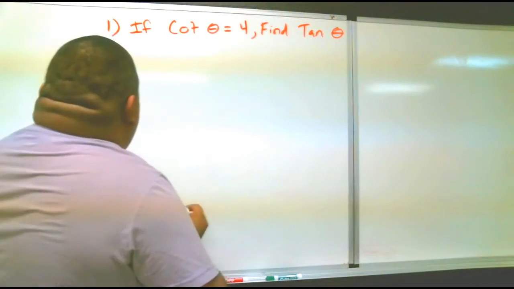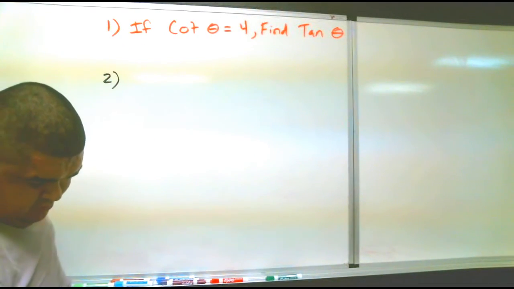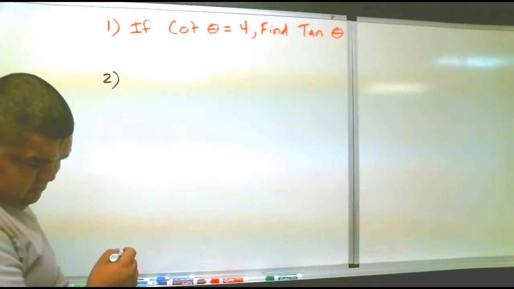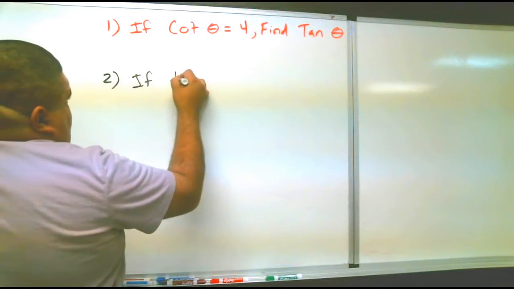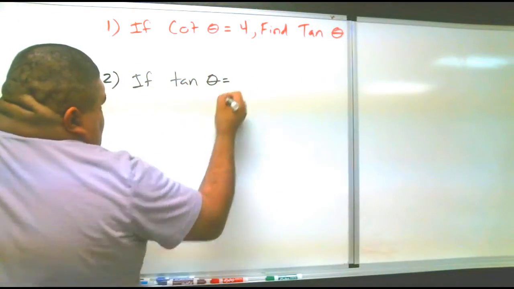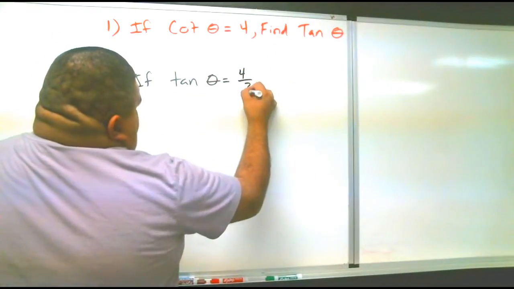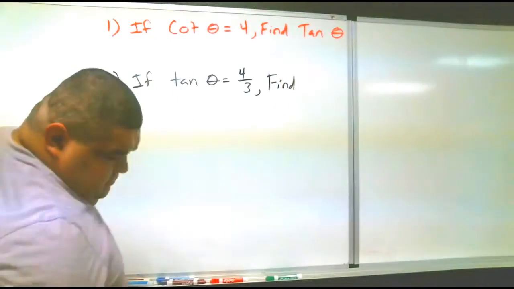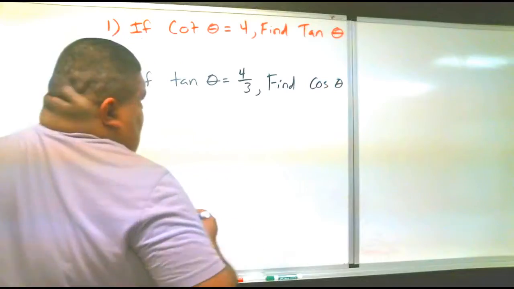Number 2, if tangent theta equals 4 over 3, find cosine theta.